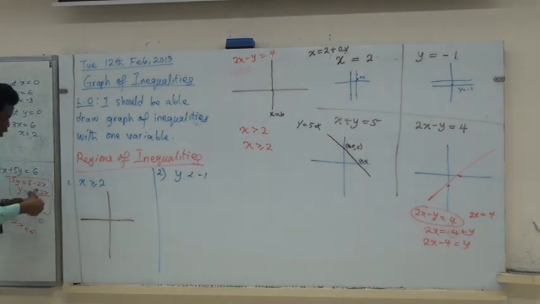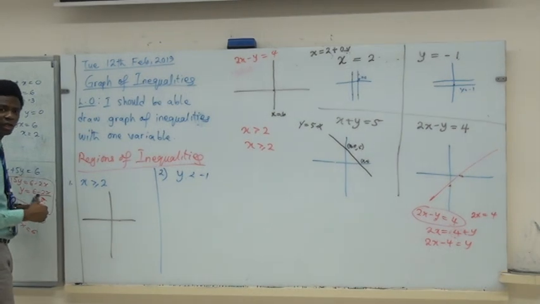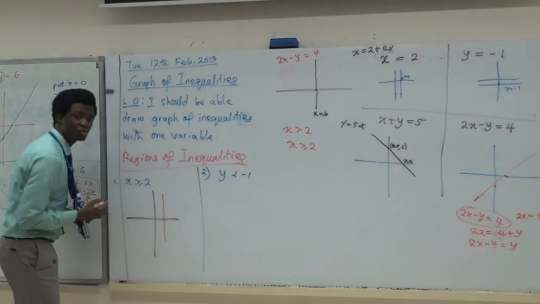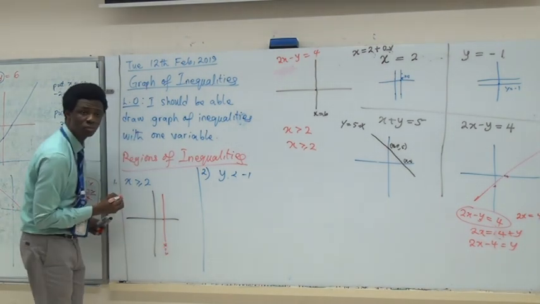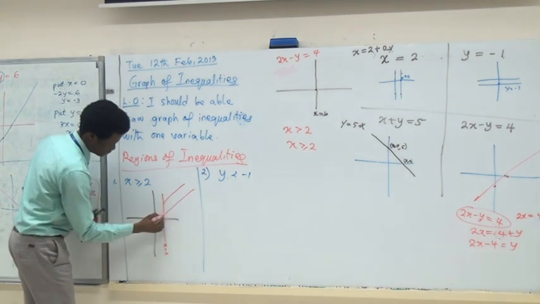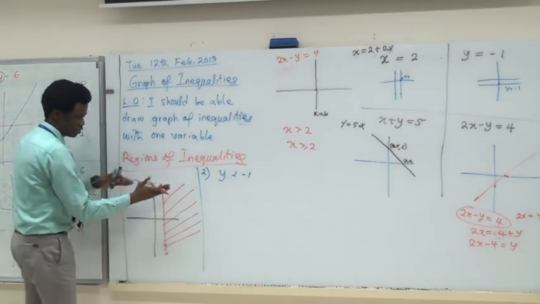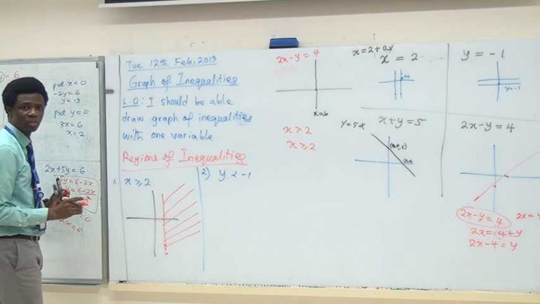Because it is greater than or equal to, I'm interested in the region more than 2. Alright? But you start with the line x is equal to 2. This line itself is x is equal to 2. But where is the region greater than or equal to 2? This region. And it continues indefinitely like that. Does it make sense? Yeah.